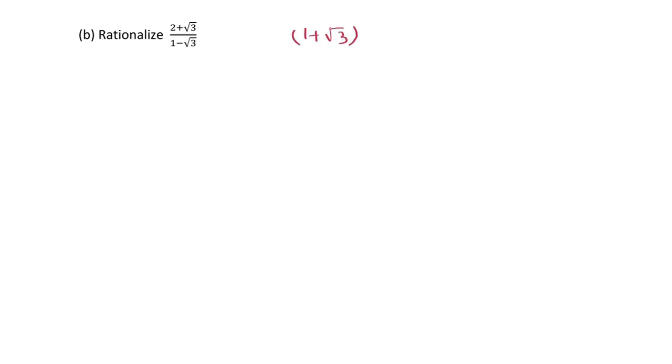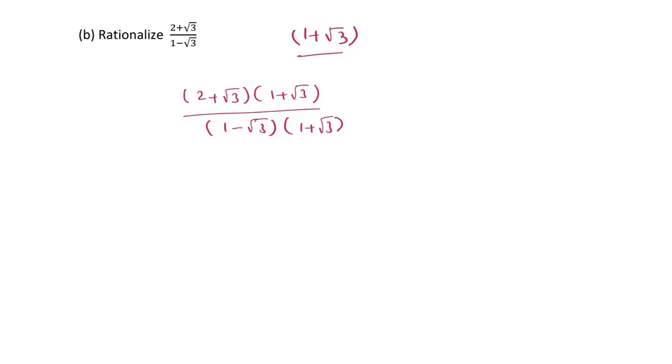Okay, so let us use this value in our equation. We are going to have in brackets 2 plus root 3 times 1 plus root 3 over in brackets 1 minus root 3 times 1 plus root 3.